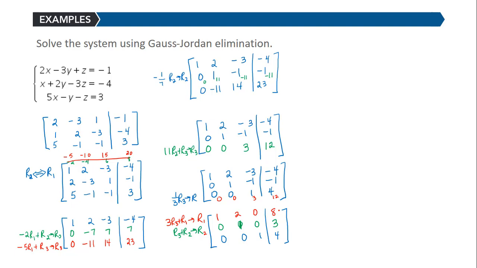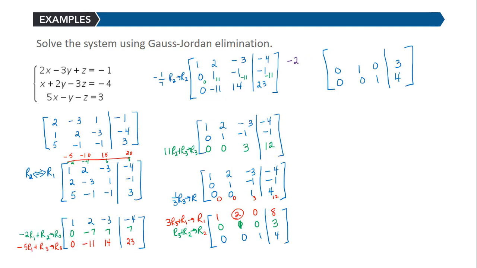So now, what do I need? I need to get a 0 above this 1. So to get a 0 above the 1, I'm going to add negative 2 to that. So my last two rows stay the same. So I need to do, what did I just say?